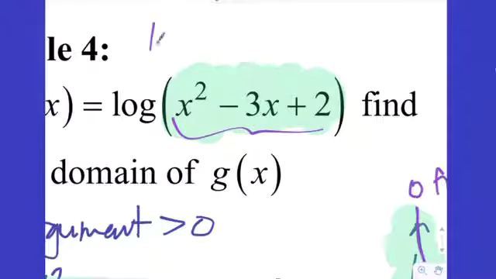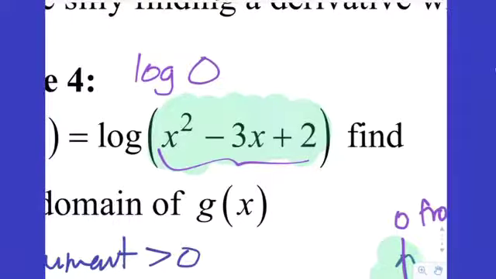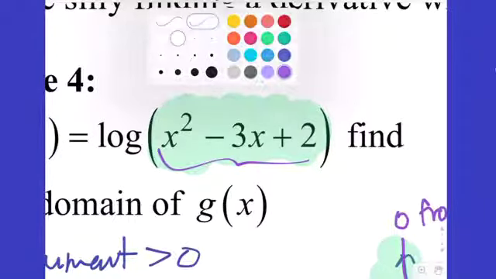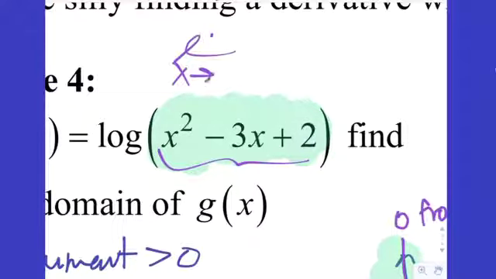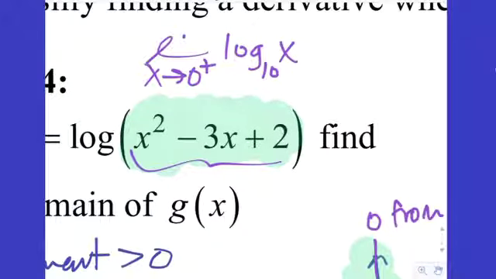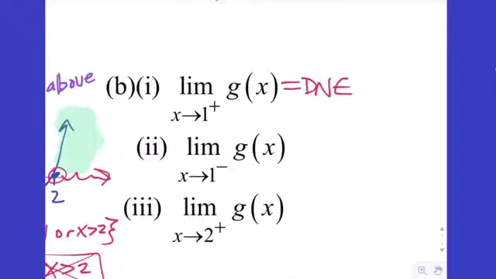What would be the limit as x approaches 0 from the positive side of log base 10 of x? Negative infinity. Good. Negative infinity, because there's a vertical asymptote. So that's the answer to this one. Or D and E, but for a very different reason.